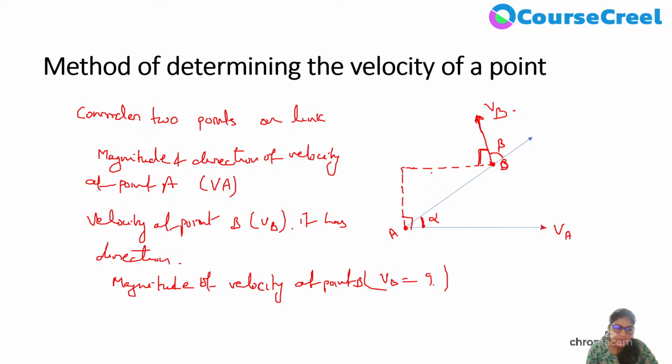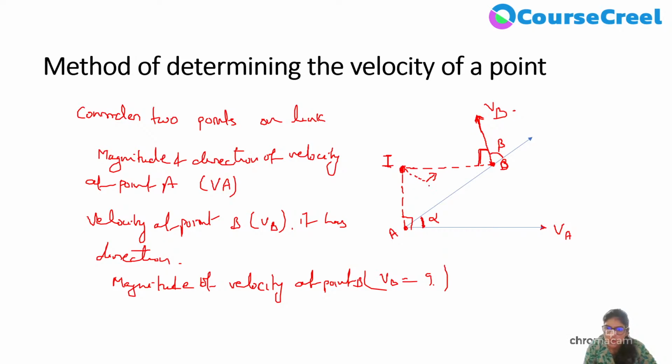Now the intersection point we are considering as the point of rotation of this link AB. So this particular point we will mark as instantaneous center I. Here we mark I as the instantaneous center about which the points A and B both are having pure rotation. In whatever direction we can define, suppose this is the direction we are defining, in this direction we are considering the pure rotation.